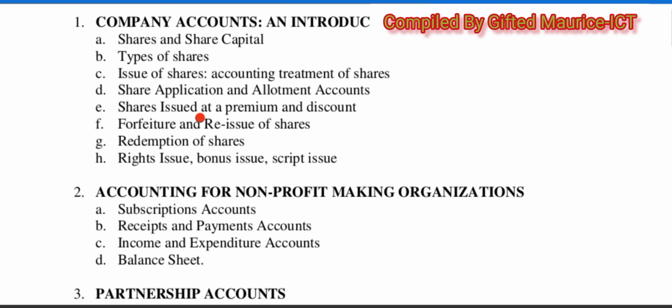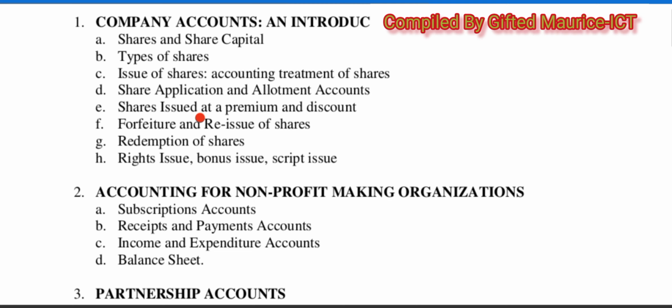However, we are saying it is possible that shares can be issued at a price less than the face value. And of course, the question will be, when can we be permitted to issue shares at a price less than the par value, given that the Companies Act prohibits the issue of shares at a discount?